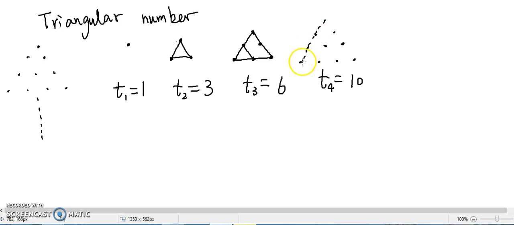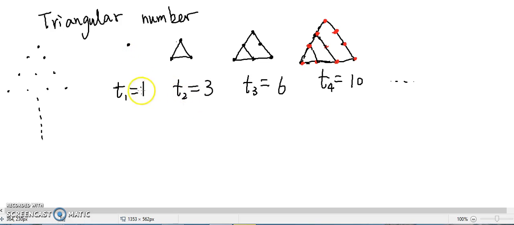And again, if you join these dots together, let me use a different color. 1 dot here, 2 dots, 3 dots, 4 dots. We can join them together to get triangles. Okay, and we can keep doing this.